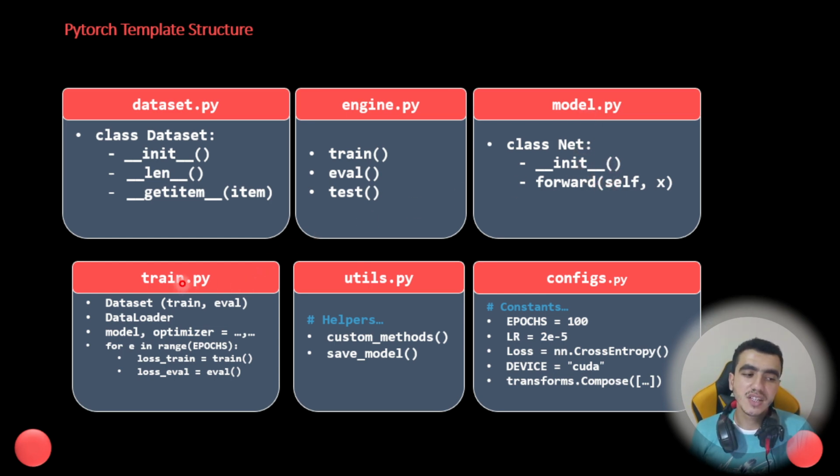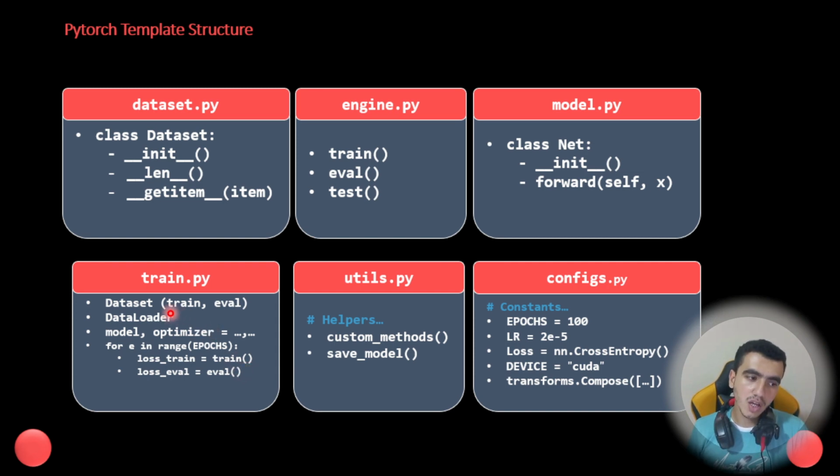And then Train.py, which combines all these modules into a single script and runs them in the training loop, using the epochs constant value, training and evaluating over multiple epochs until the model reaches a stable accuracy.